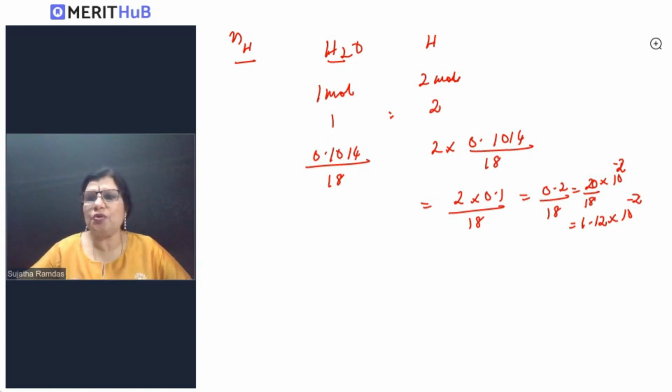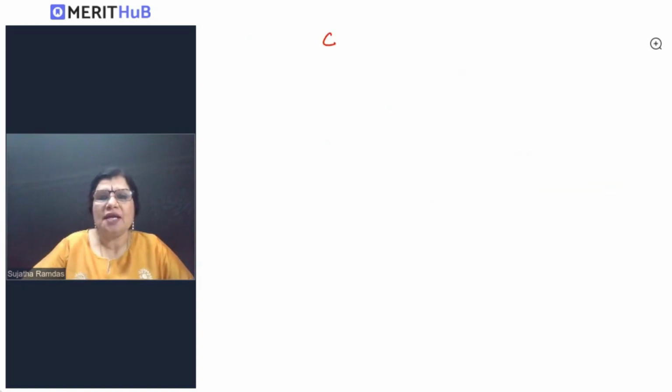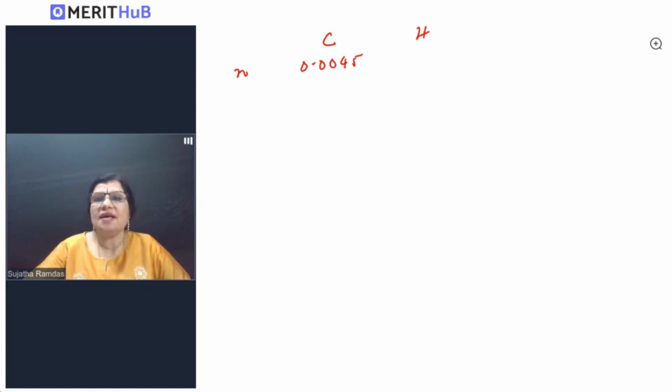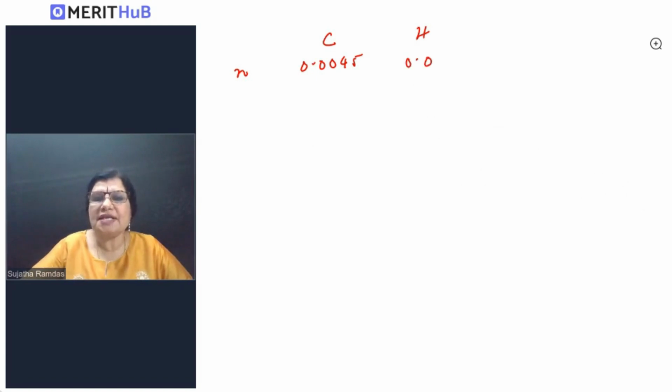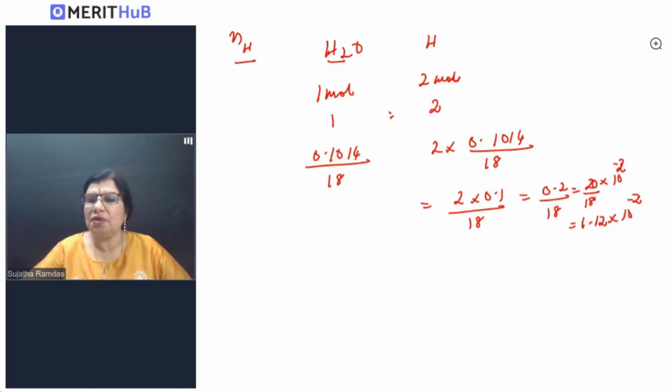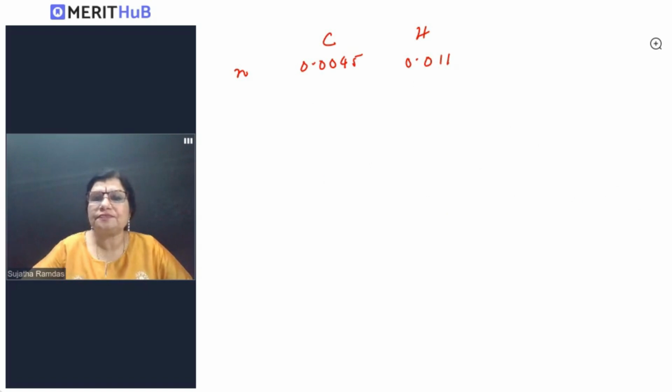So now we have straight away got the number of moles of hydrogen atoms and carbon atoms. Number of moles of carbon atom is 0.0045, and the number of moles of hydrogen atom is 1.12 into 10 to the power of minus 2, which is 0.0112.